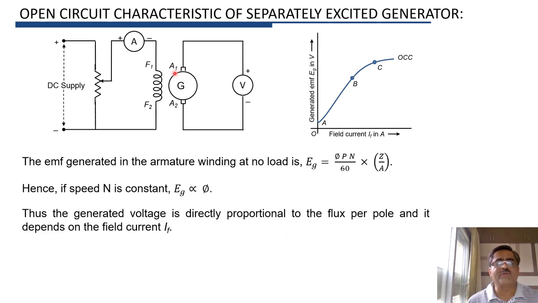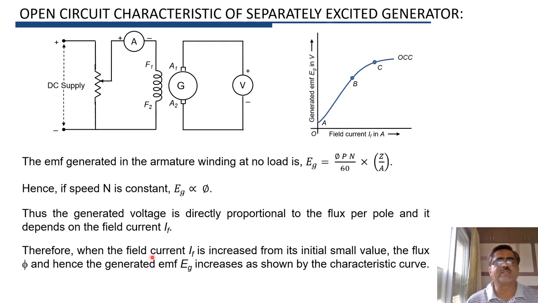The EMF induced in the armature depends on flux per pole, which is produced by the field winding, and flux per pole depends on the current flowing through the field winding, that is IF. Therefore, as IF is increased, Eg also increases. So with an increase in field current IF, flux phi will increase and Eg also increases, as shown by this open circuit characteristic.